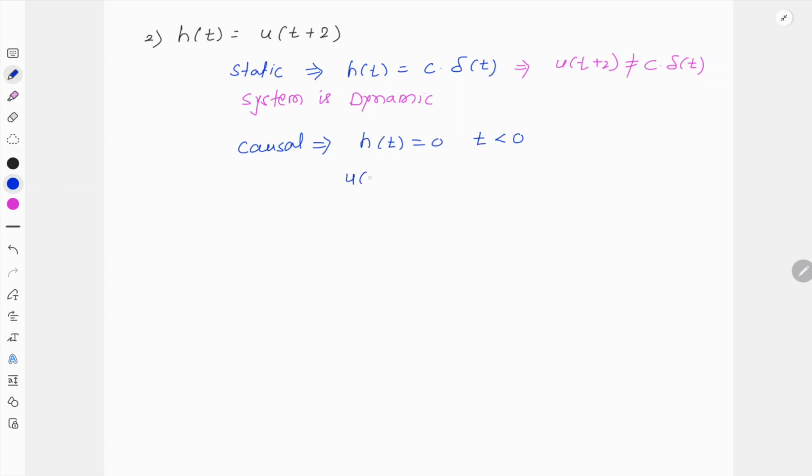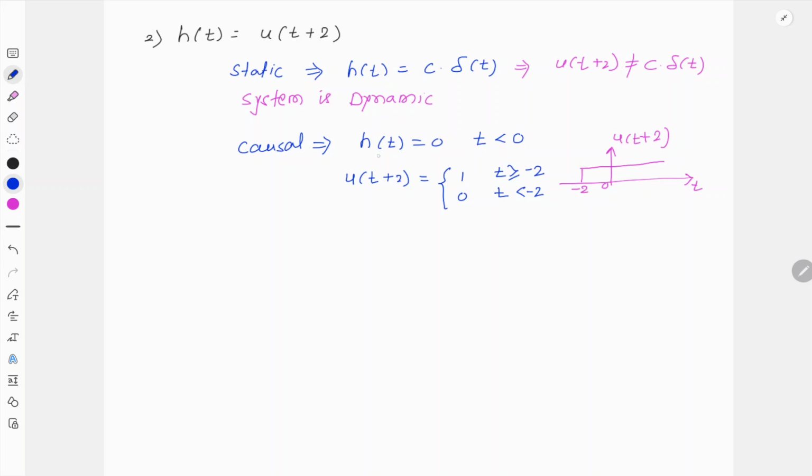From the given equation u of t plus 2, if we draw the diagram, the shift is plus 2, hence this unit step signal starts at minus 2 and approaches positive infinity. So in equation form we can write it as 1 for t greater than or equal to minus 2 and 0 for t less than minus 2.